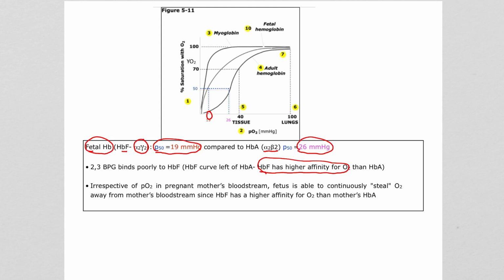The reason for this is because the fetal hemoglobin doesn't bind 2,3-BPG. It weakly binds 2,3-BPG, and that's the reason why, remember, BPG shifts the curve to the right, but if fetal hemoglobin doesn't bind BPG, then the curve is shifted to the left.